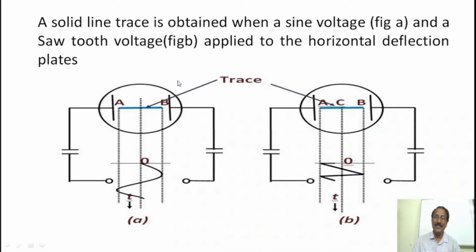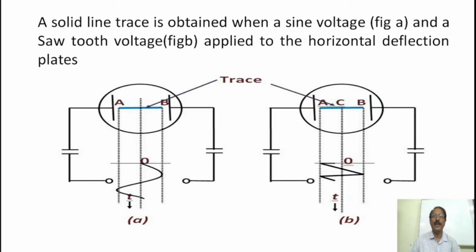Since the frequency is very high, if we are considering the 50 Hertz frequency, the time period comes out to be 20 millisecond. Also due to the persistence property of the screen, it is not possible for the human eye to see the motion of the spot distinctly. Thus, we can see a solid line as shown in the figure.